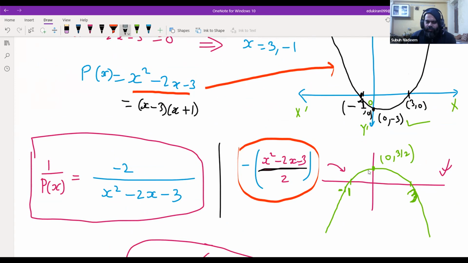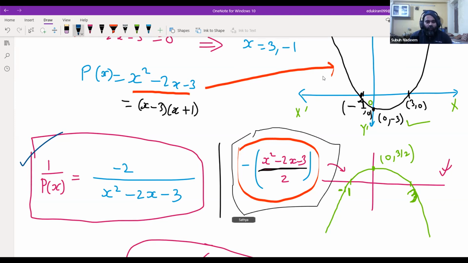So this is not the reciprocal graph. You yourself are saying now that we have to draw the graph of this one, 1 by minus 2 by x square minus 2x minus 3. So isn't this the reciprocal of this? One minute, just see this, try to understand.